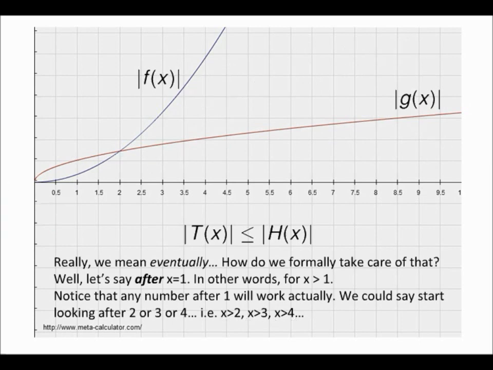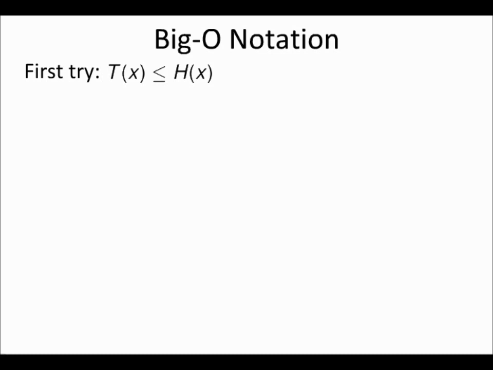So let's do a little recap. Big O notation. Our first try was, let's let the hare function be greater than the tortoise function. That failed. It doesn't work, because if you're pointing in opposite directions, you might end up calling your slow-moving function your hare function, and your tortoise function might grow a lot quicker. So that was a bomb.